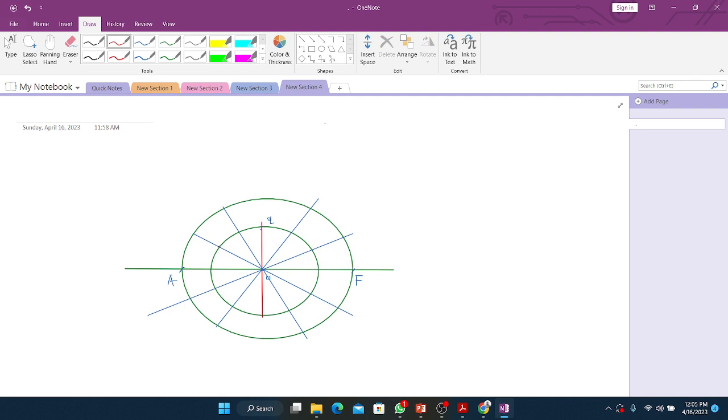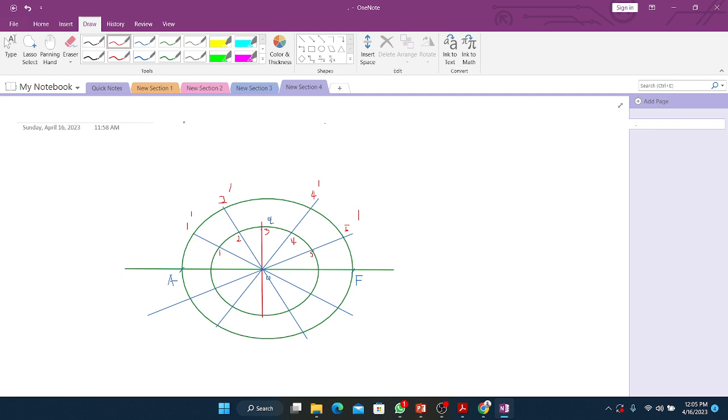See, so this one is 1, this is 2, this is 3, this is 4, this is 5. Then the same 1 dash, 2 dash, 3 dash, 4 dash, 5 dash.